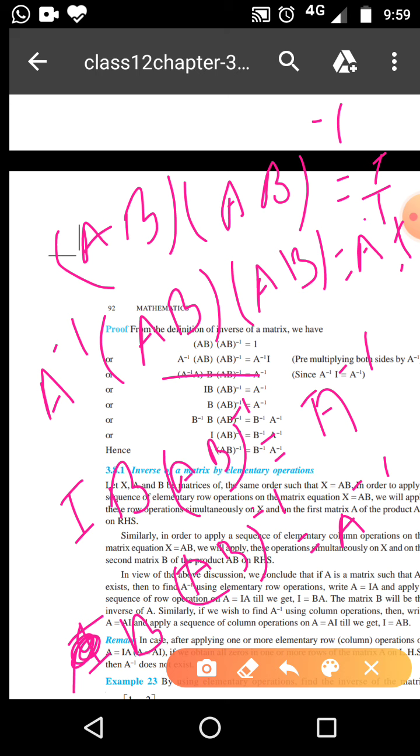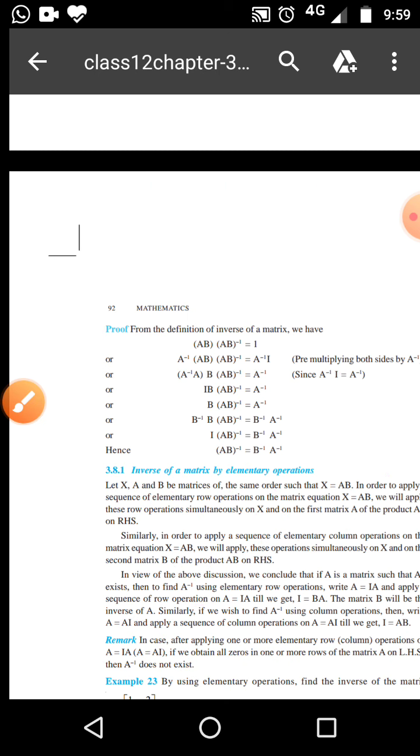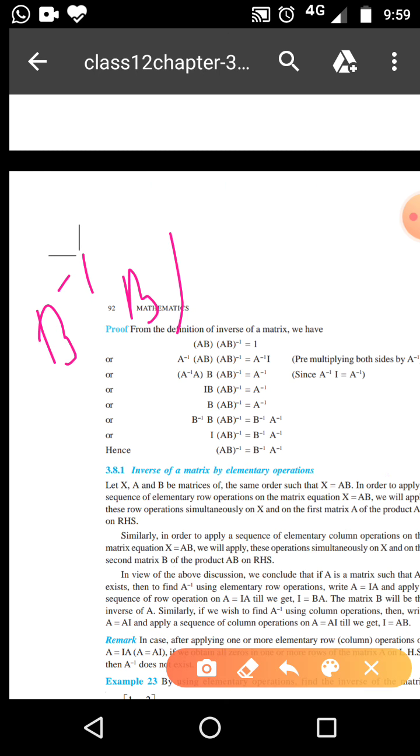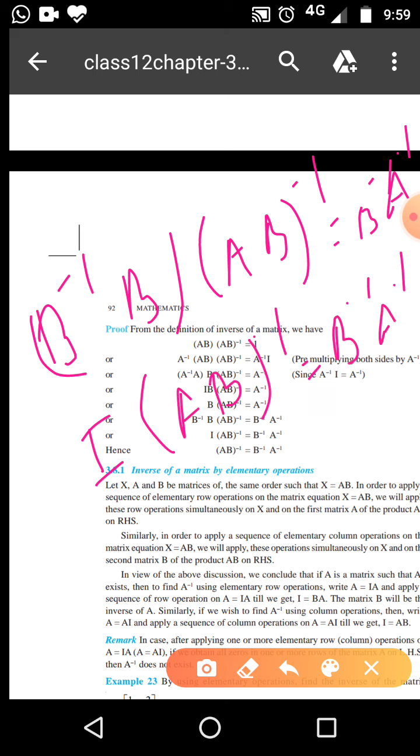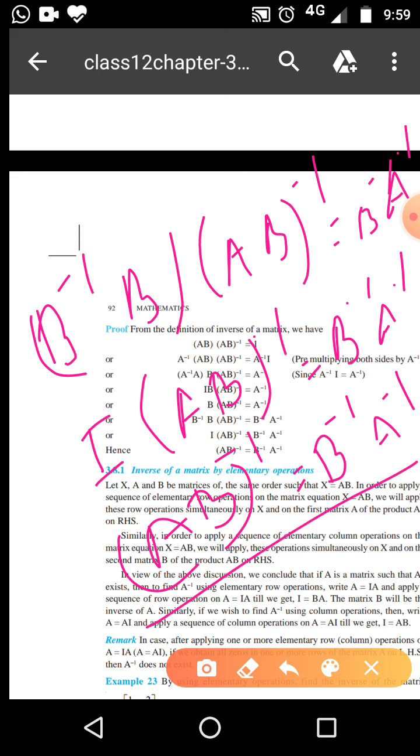We get B inverse B (AB) inverse = B inverse A inverse, and B inverse B is simply I. So (AB) inverse = B inverse A inverse, and hence (AB) inverse = B inverse A inverse. So this is the theorem.